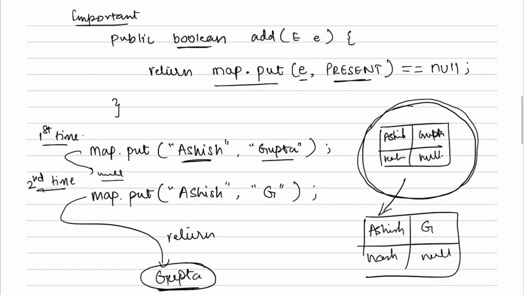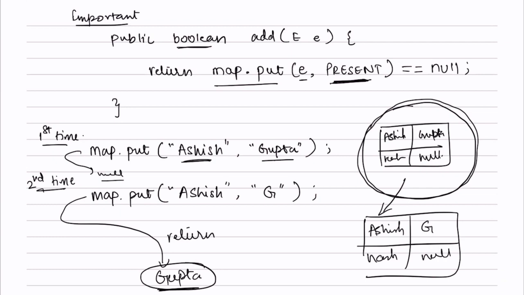So similarly, if the entry is being put the first time, it will return null, and the HashSet will say that null equals null. But when you add that particular entry again, it will return you false, because it will not be equal to null, right? So that's how it works internally.